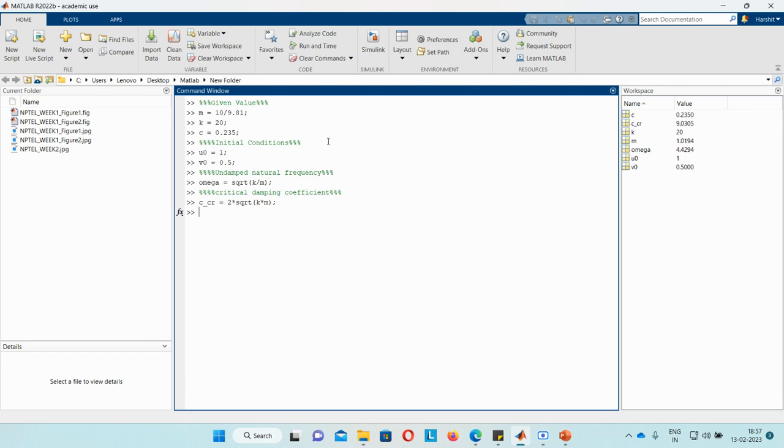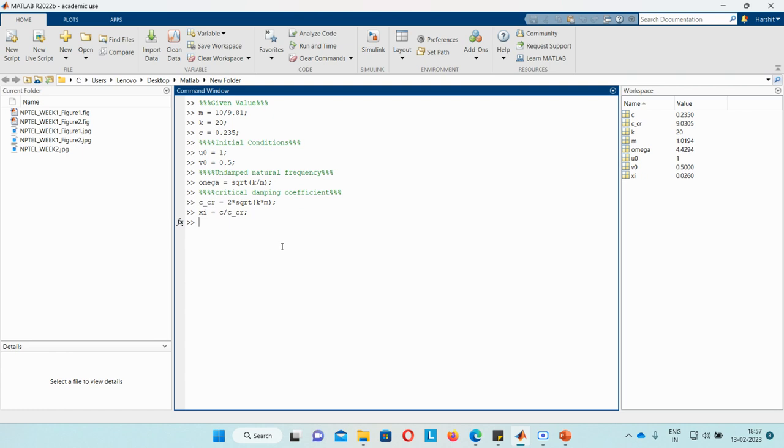This is the critical damping coefficient, and the damping ratio I am defining by xi will be equal to c upon ccr. You can see the damping ratio is calculated as 0.026.